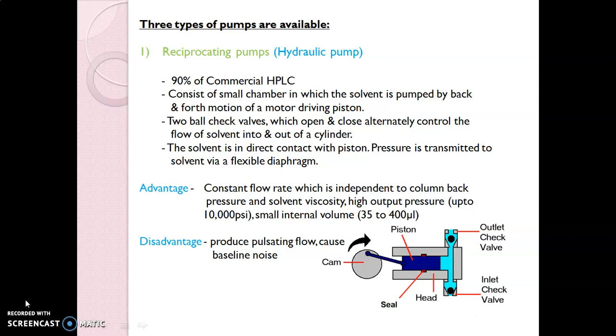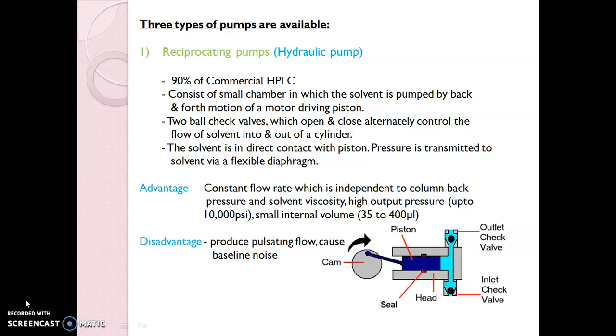As we see in the diagram, a faint blue color and a dark blue color are there. The faint blue color is the small chamber in which the inlet and outlet valves are there, and the dark blue color shows the piston.